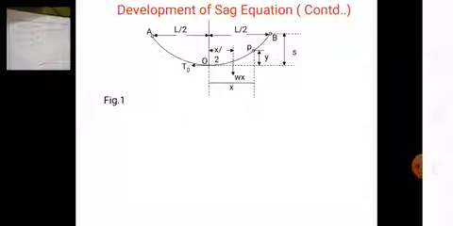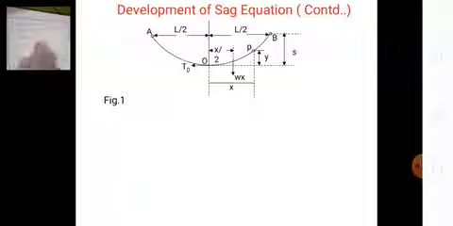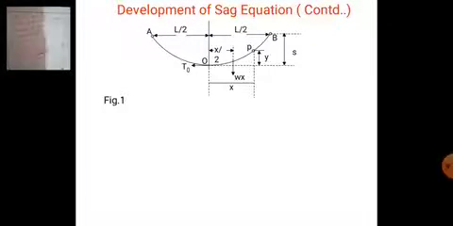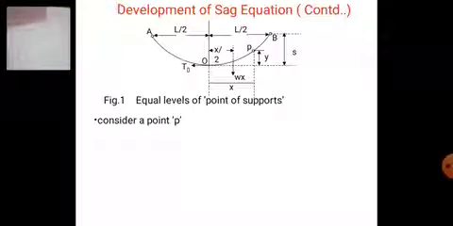At the lowest point it is X by 2, and the vertical component is known as Y. This is for equal levels of points of supports.